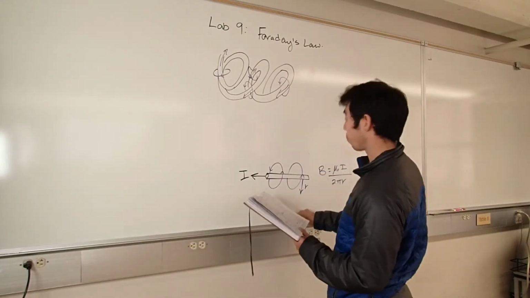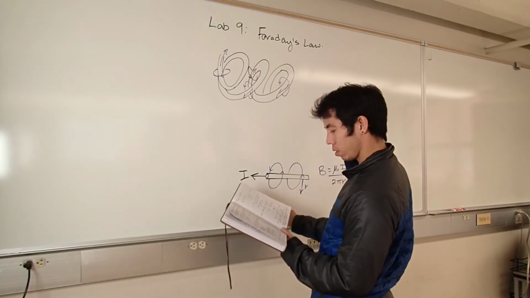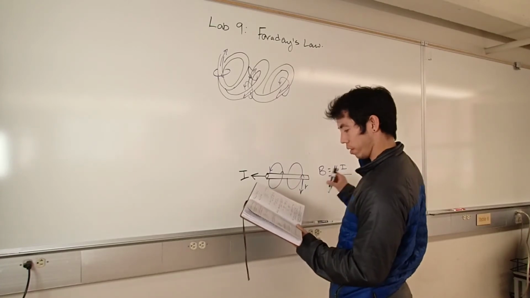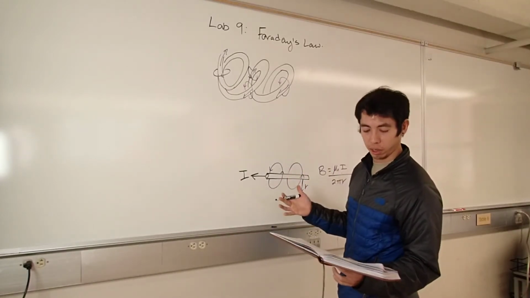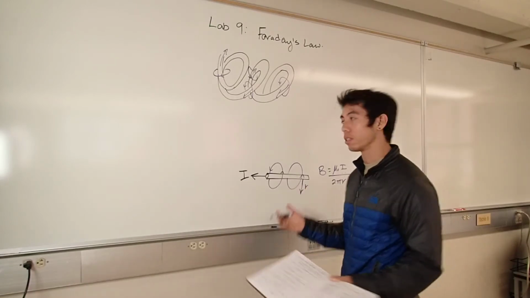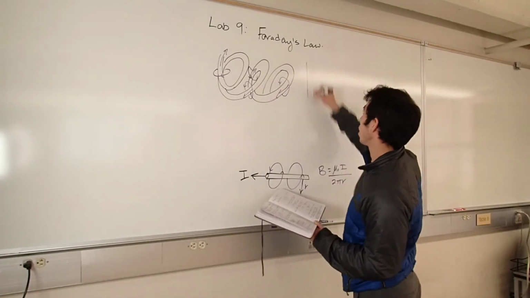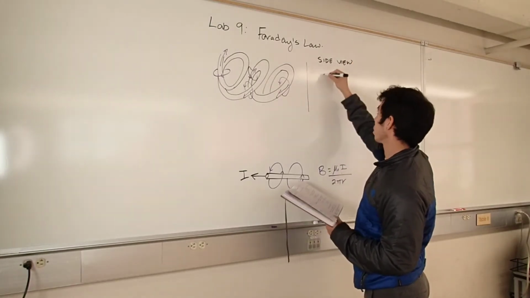We can look at a cross-section of the solenoid, and we can construct the net magnetic field of the entire solenoid, which is just a superposition of the smaller magnetic fields like these. So the side view is like this.